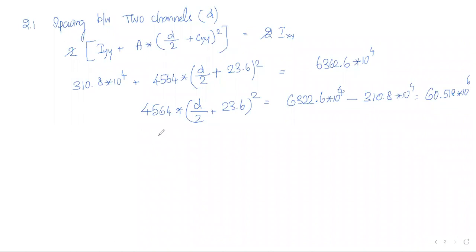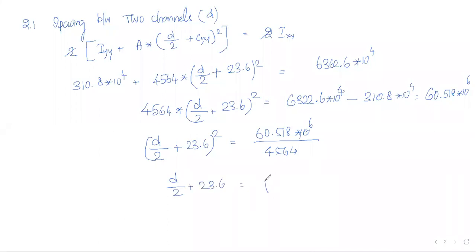Now (d by 2 plus Cyy) the whole square is equal to 60.518 into 10 to the power 6 divided by 4564. Then d by 2 plus 23.6 is equal to the root of this value, 60.518 into 10 to the power 6 divided by 4564. Then it becomes 115.51 mm.